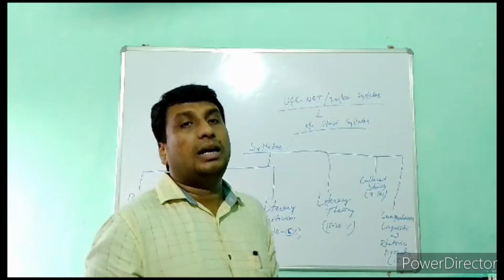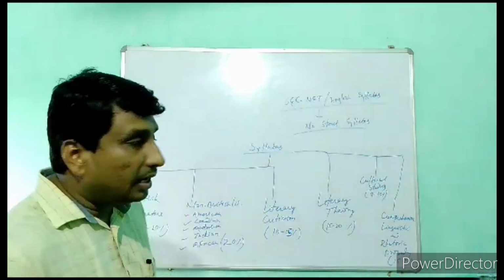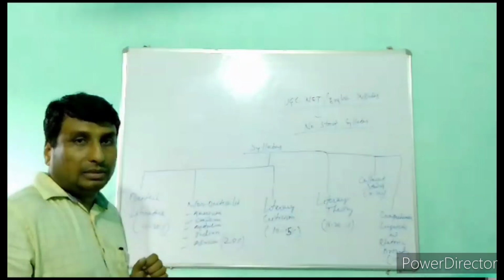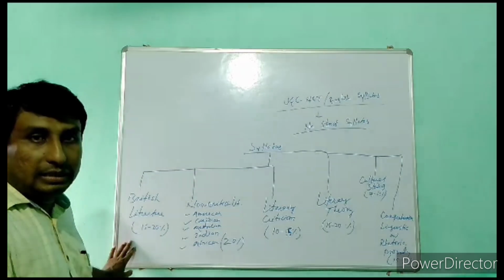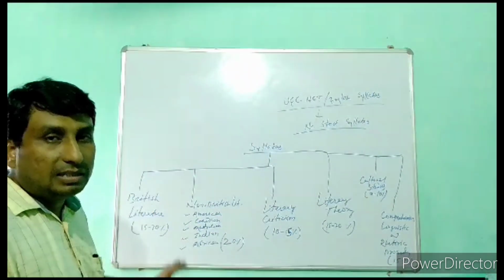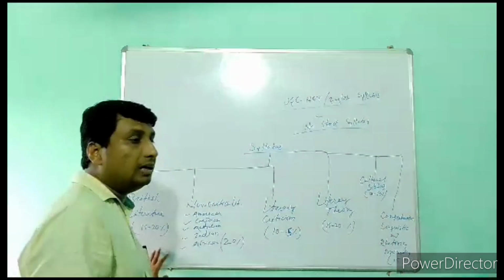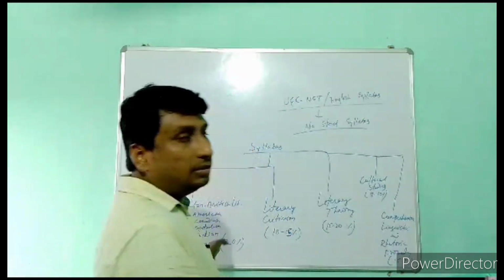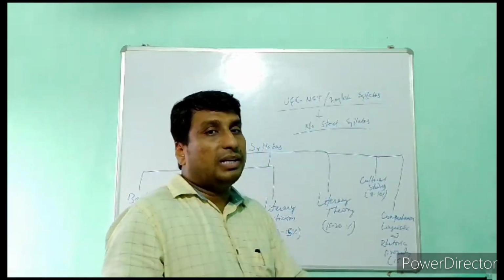So primarily there are at least 6 major areas which can be identified for this examination, right? The first one is British literature, and the percentage of questions arising from this section is 15 to 20%. You can find this trend, that I am telling you, in the previous year questions of the past 5 years.